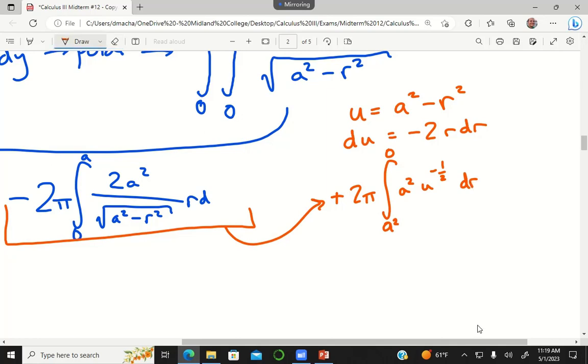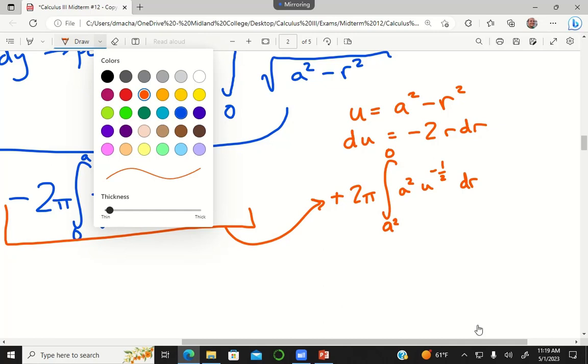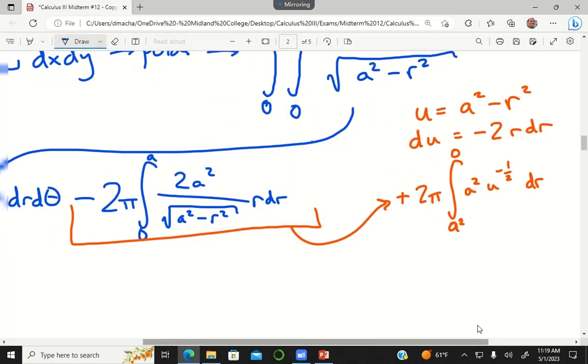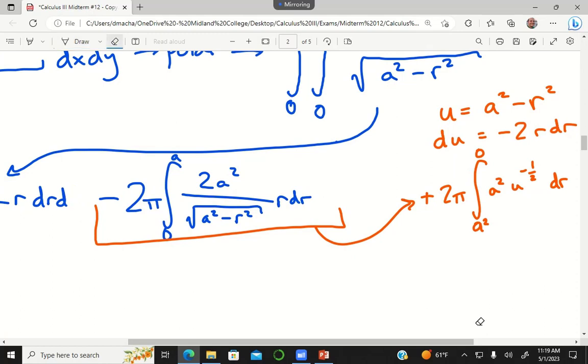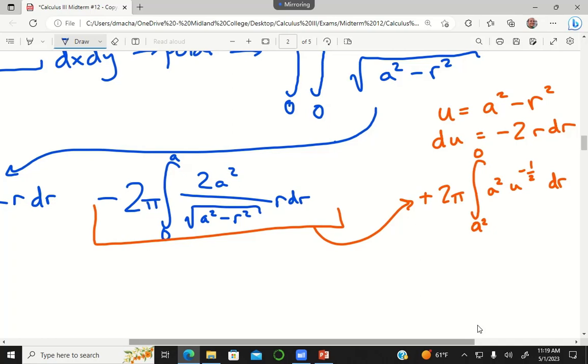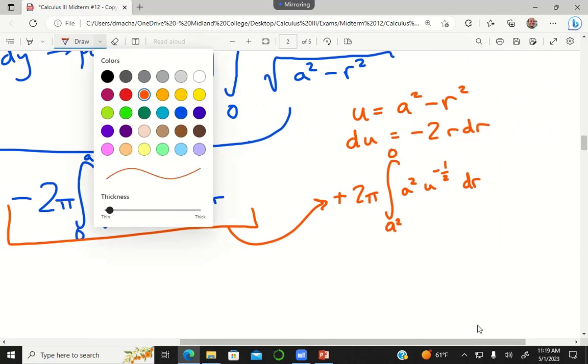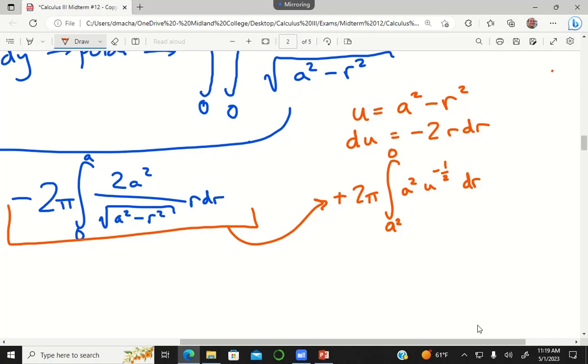I forgot that we already did the integral with respect to theta whenever we put the little 2 pi up front, so I don't need to copy that down. Okay. All right, very good. So the a is actually a constant, because this is actually just du.